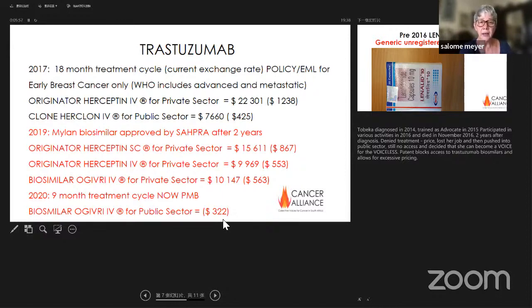At that time, the originator price was $22,000 for the 18 months of treatment, as opposed to the clone of the same company, which was made available to the public sector. This meant that the private sector had to pay far more than the public sector, because the clone was never made available to the private sector.